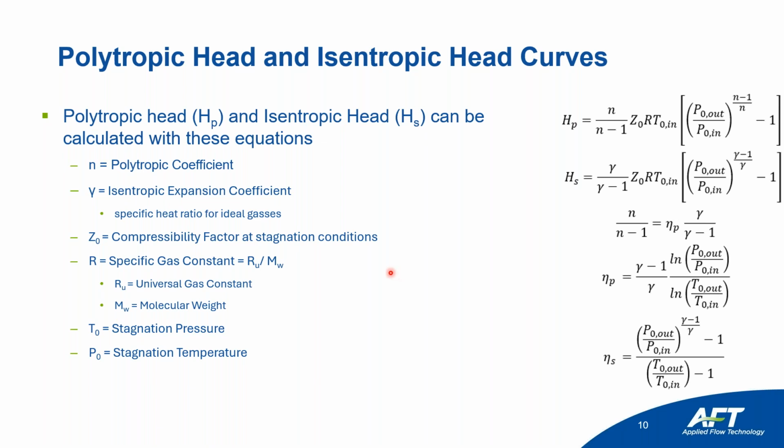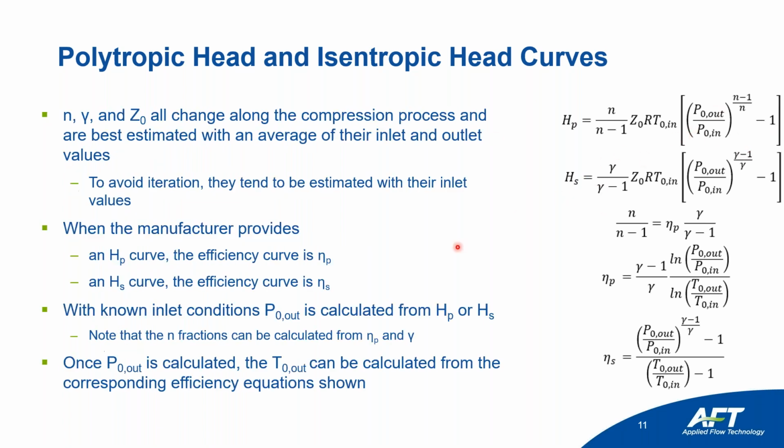Then we have our stagnation temperature, T naught, and our stagnation pressure, P naught. So now that we know all of those, we can just look at our equations here and figure out how we get our discharge conditions from our inlet conditions.